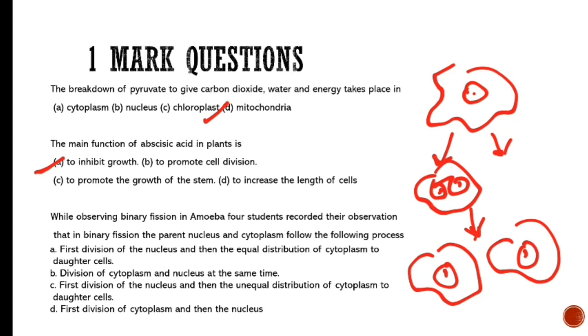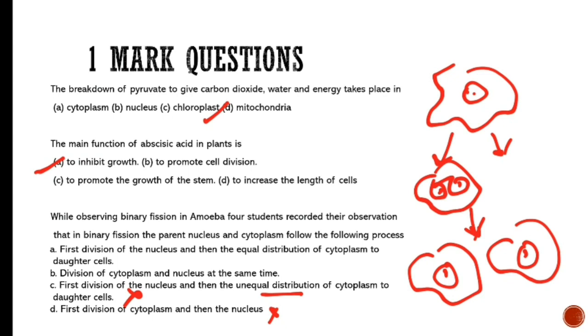So as you can see, I will come from the last. First division of cytoplasm and then the nucleus is the wrong option, because as you all know, first the nucleus divides, then followed by the cytoplasm. Next, first division of the nucleus and then unequal distribution of cytoplasm to daughter cells is also a wrong option, because binary fission leads to equal distribution.